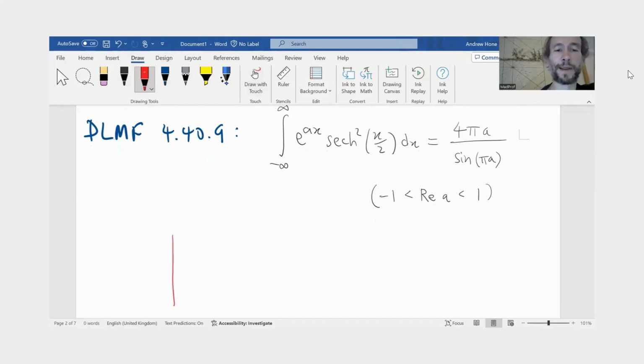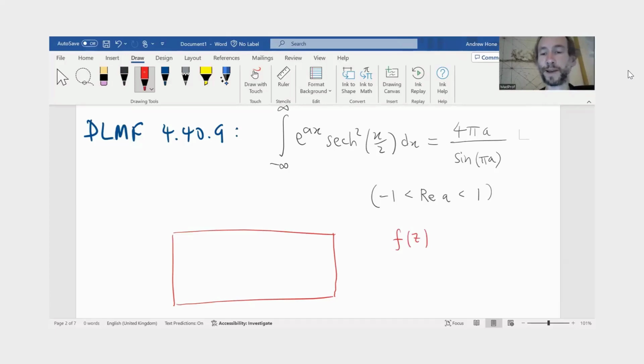So let me just draw a rectangle, and then I'll tell you what the rectangle is. So we've got this function, which is going to be f of our complex variable z, which is going to be e to the az times sech squared of z over 2. I can also write that as 1 over cosh squared of z over 2.